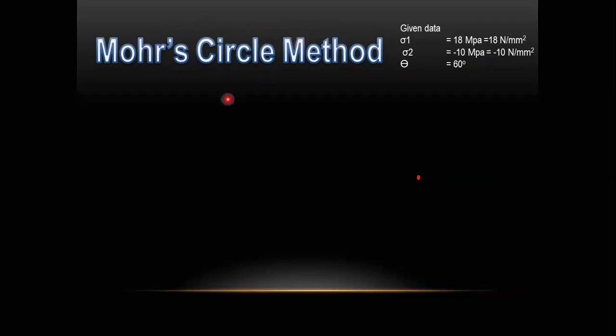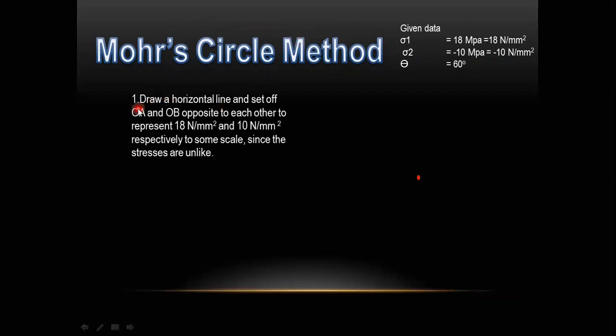The first step is to draw a horizontal line and set off OA and OB opposite to each other to represent 18 Newton per mm square and 10 Newton per mm square respectively, to some scale. First of all, we consider one origin point, that is O. Then we make a straight line from the origin.